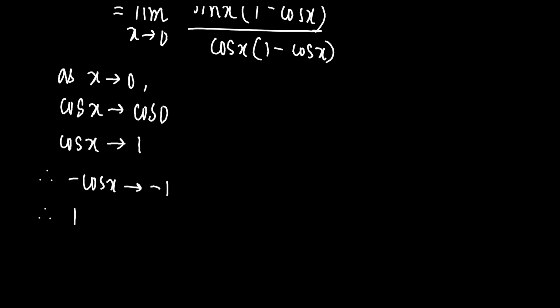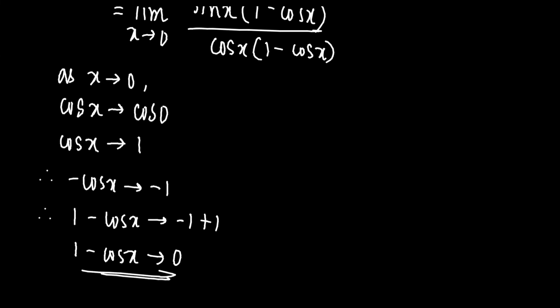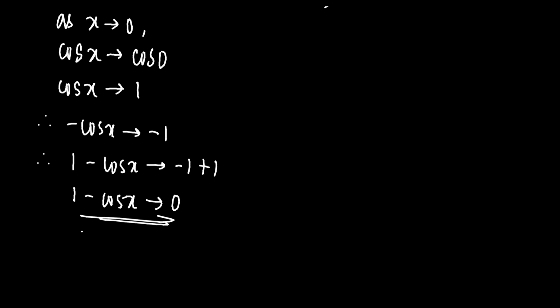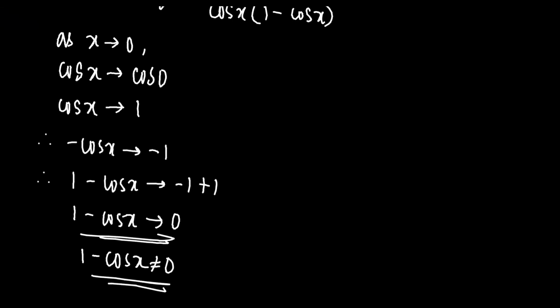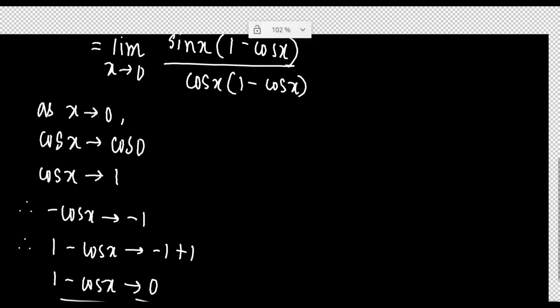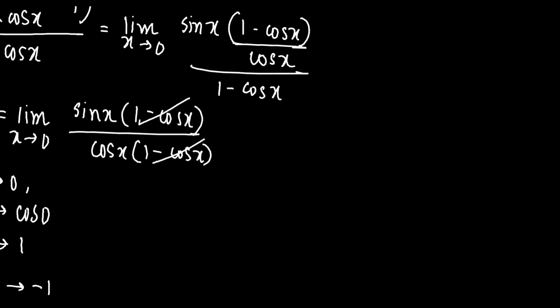Now if we add 1 on both sides, then 1 minus cos x is tending towards minus 1 plus 1, that is 1 minus cos x is tending towards 0. So as x is tending towards 0, 1 minus cos x is also tending towards 0, and therefore we can say 1 minus cos x is not equal to 0. Then we can cancel out this and this one.